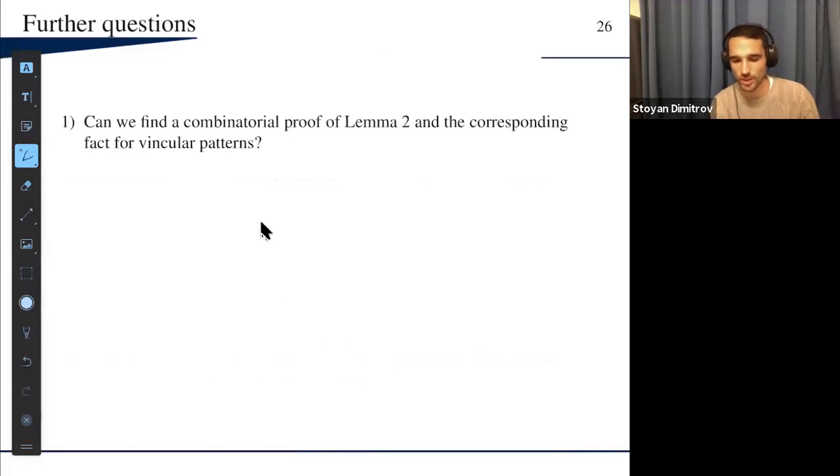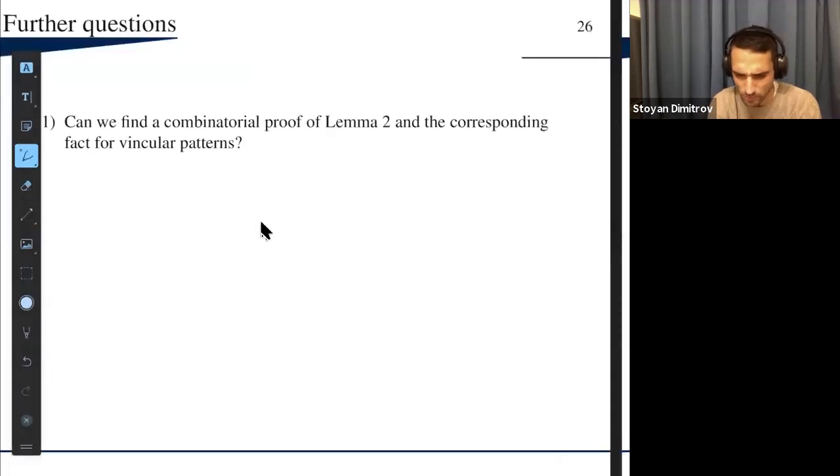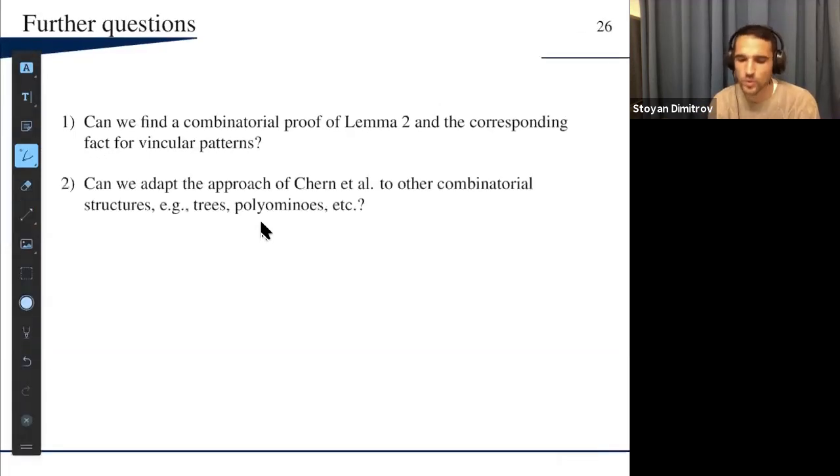Also, for the inequality we gave for the vincular patterns, we also want to find a proof there. And finally, we ask, can we adapt the same approach to other combinatorial structures like trees, polyominoes, and others?